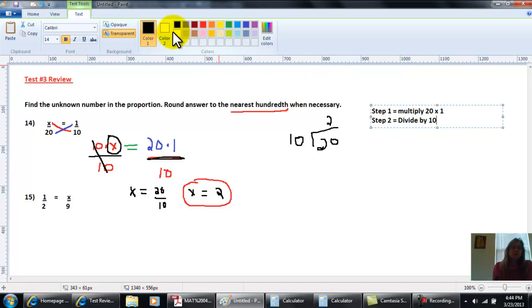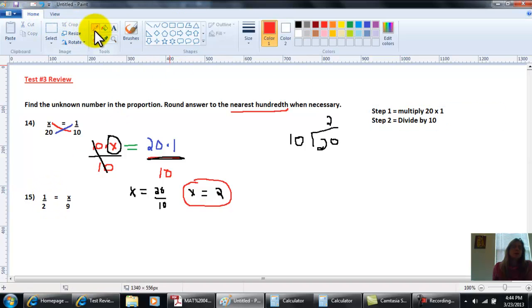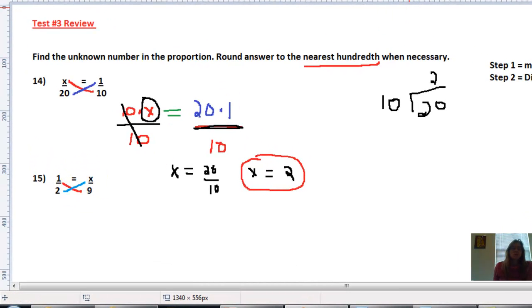Alright, so then on number 15, once again, you're going to have the 1 times the 9 equal to the 2 times the x. So we are going to have, let's do it the way I did it, 2 times the x is going to be equal to the 1 times the 9.